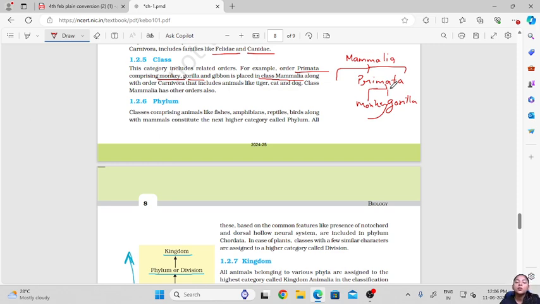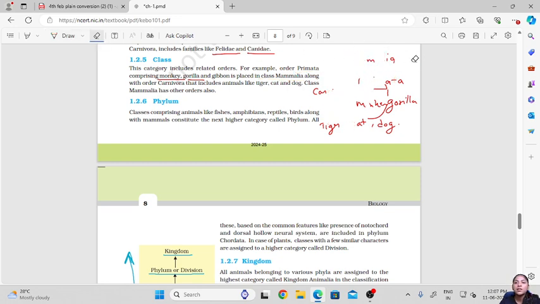Then this Primata is grouped together with the order Carnivora, which includes animals like tiger, all those which we have learned, Panthera leo and also tiger, cat, dog, all this. Okay, so finally the common feature is that all these are mammals, so they are grouped in the class Mammalia.